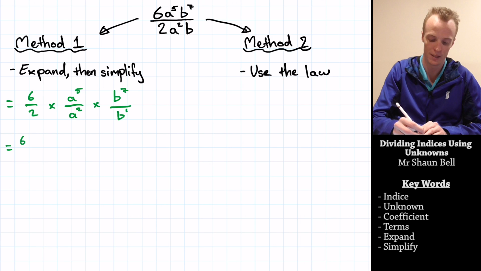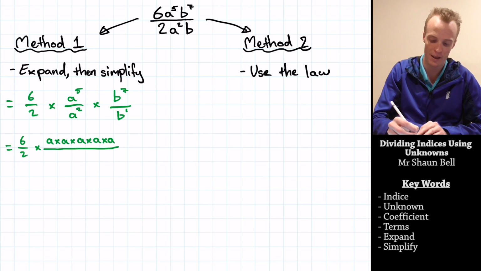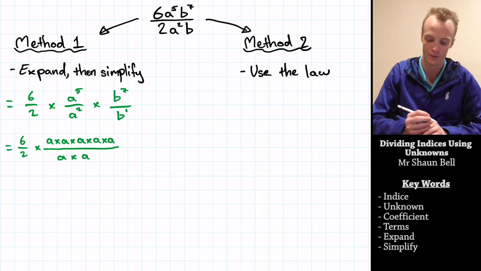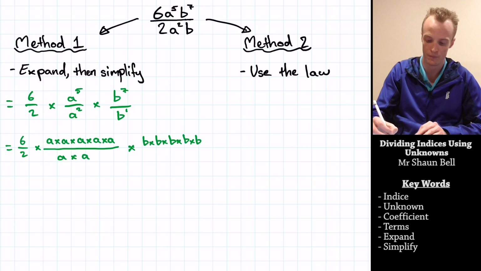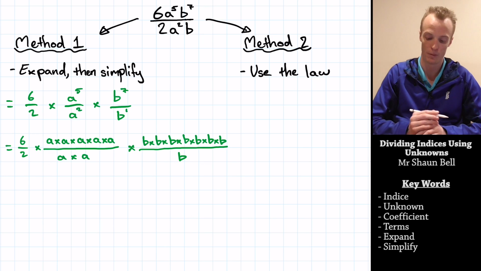So this is equal to 6 over 2 multiplied by a times itself 5 times, all divided by a times itself twice, all multiplied by b times itself 7 times, all divided by b, and now we look to cancel the problem down.